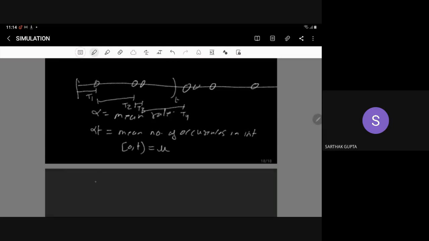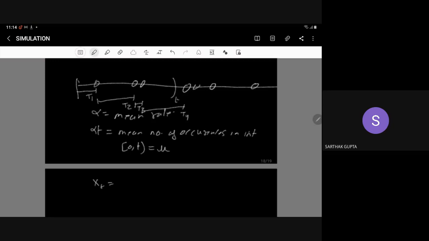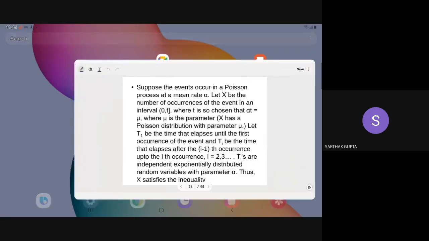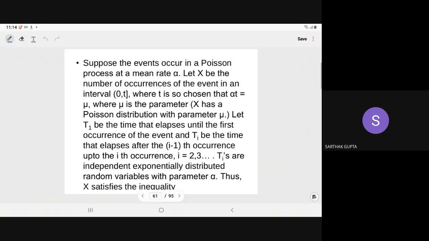And here x denotes the number of occurrences in interval 0 to t, and x has the Poisson distribution with parameter mu.